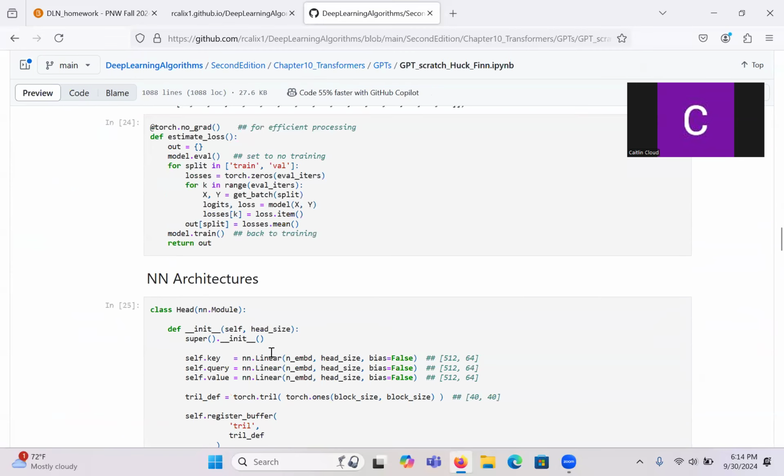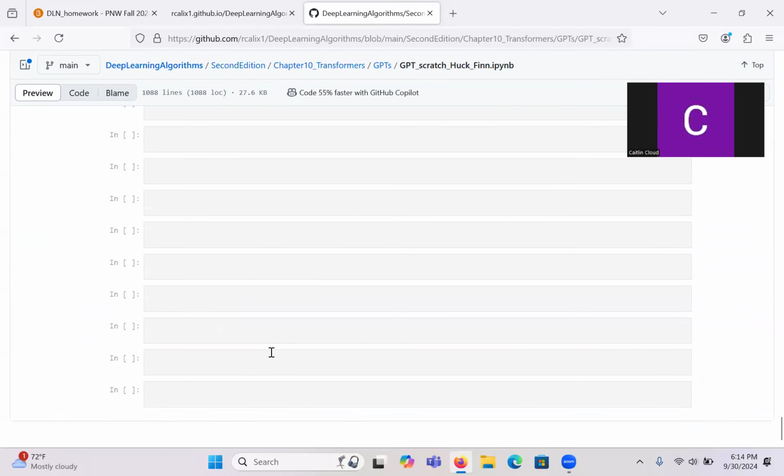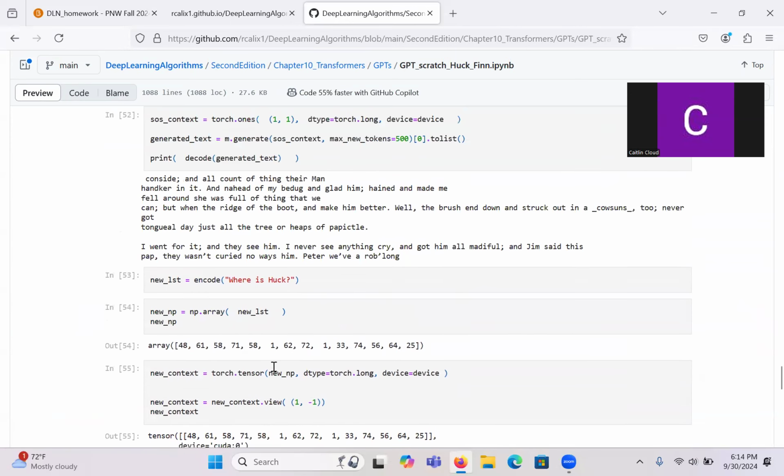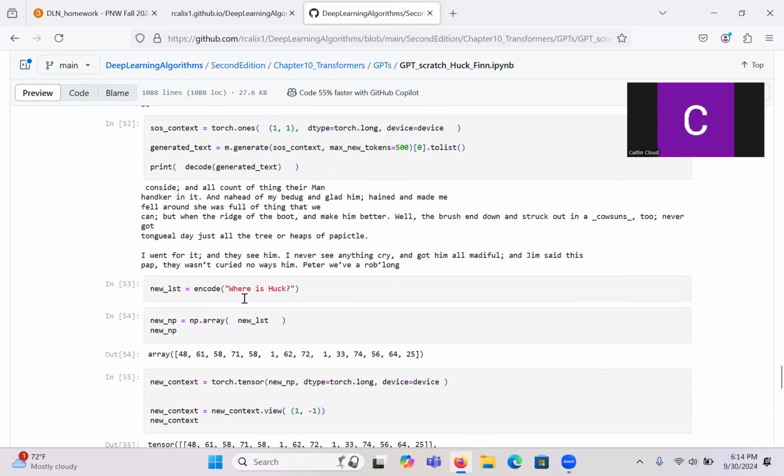We're going to download this and go over all the details. As you can see, at the end, we should be able to ask it questions and get an answer. And it's actually pretty built in, which is funny to me.